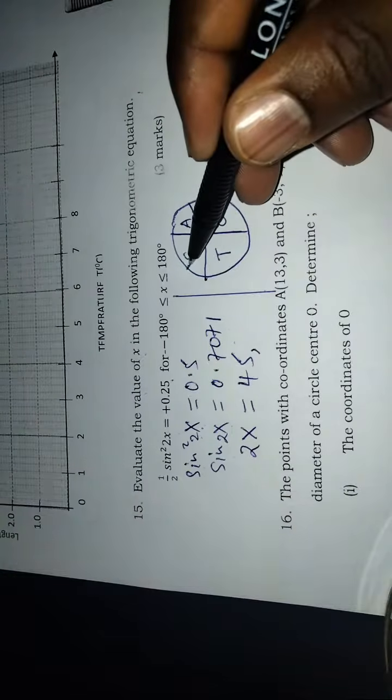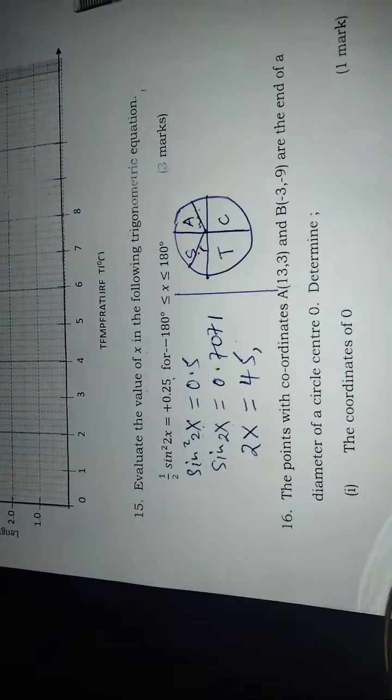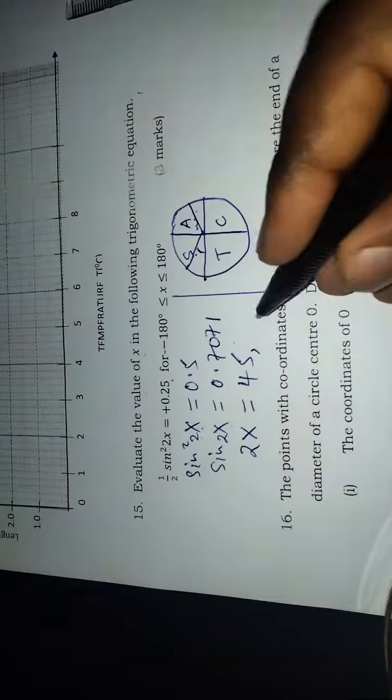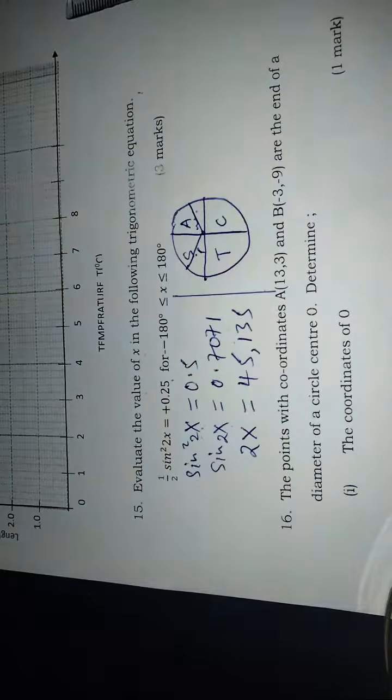It is only sines which are positive here. So we also need an angle of 45 in the second quadrant. An angle of 45 in the second quadrant is going to be 180 minus 45. This gives us 135. Therefore, 135 will also give us the same.